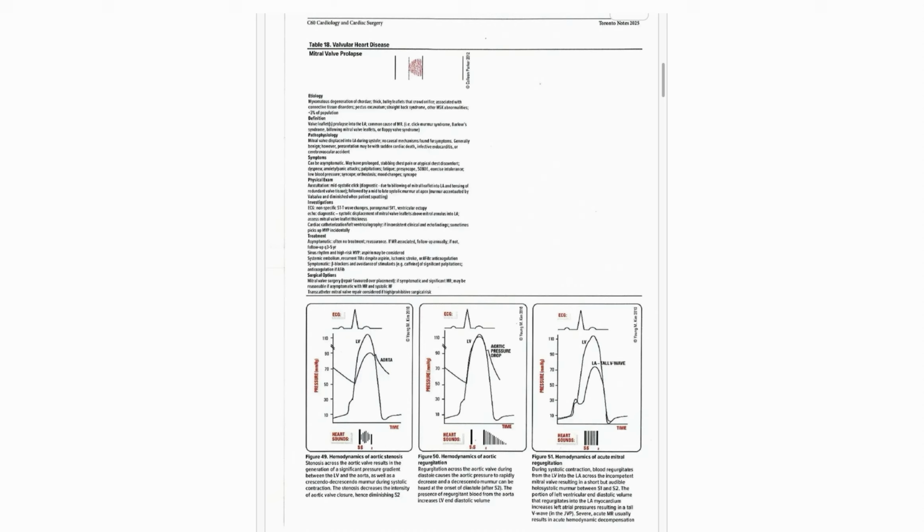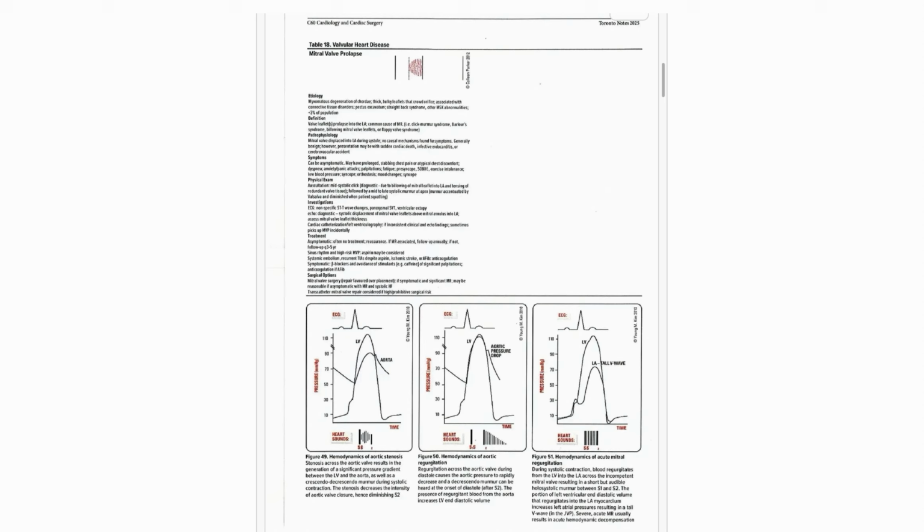A prominent left atrial V wave develops because the left atrium fills rapidly under high pressure. Left ventricular stroke volume decreases, left atrial pressure rises abruptly, and pulmonary venous pressure also rises, often producing acute pulmonary edema. The murmur is holosystolic, begins immediately after S1, and continues until S2.